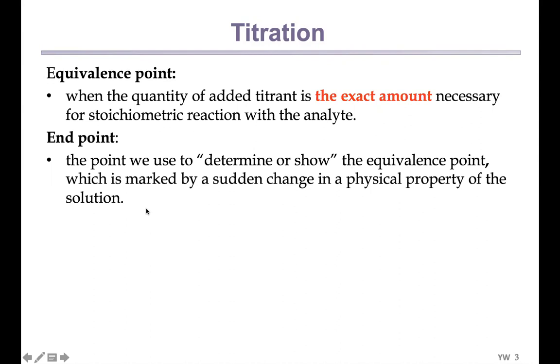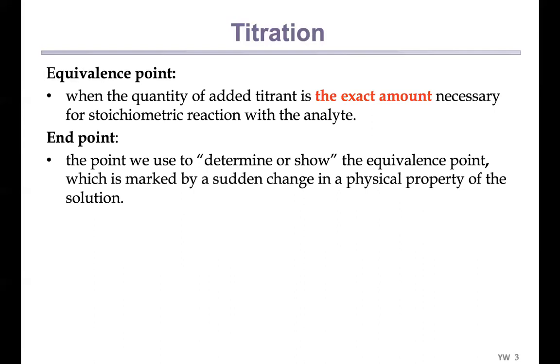A very common example is the color change, right? So when you use an indicator as an endpoint, the color will change. So you know that we have to stop the titration and we will use that volume to do the calculation.